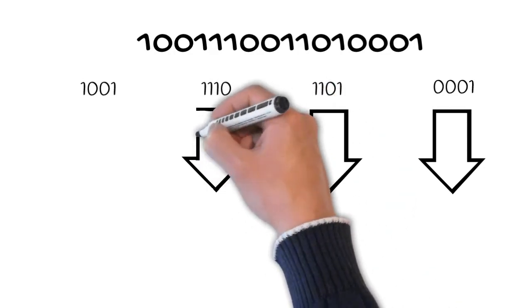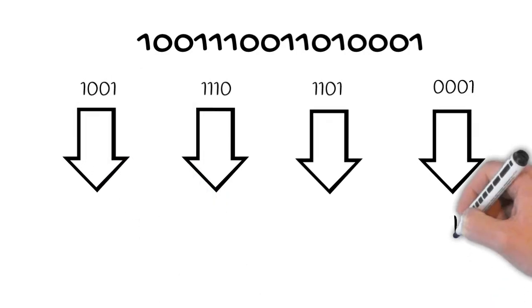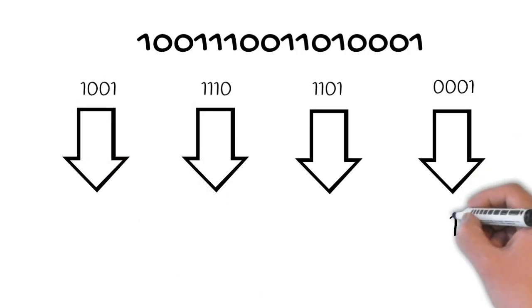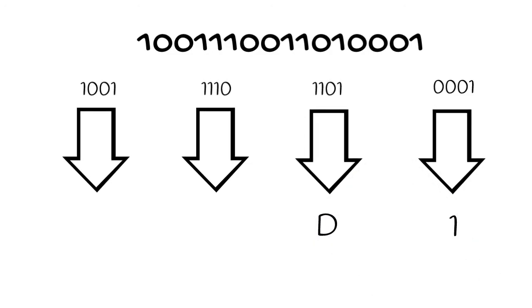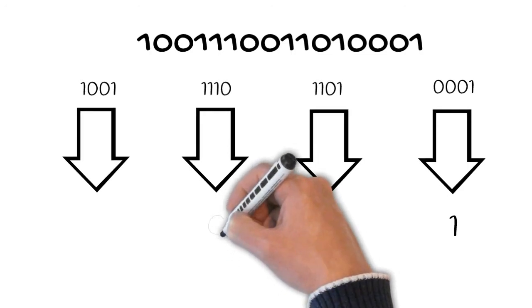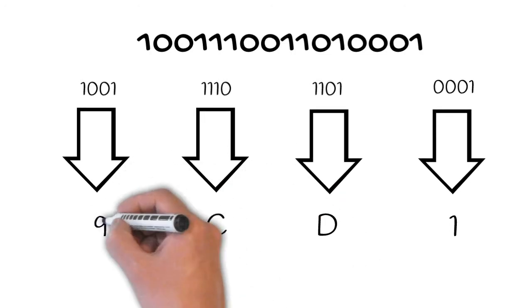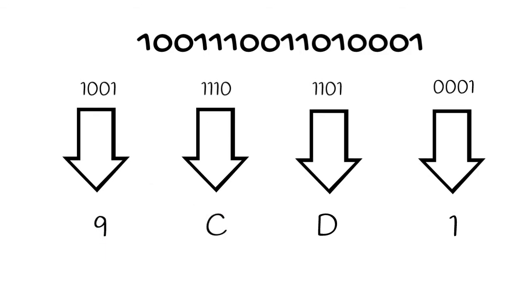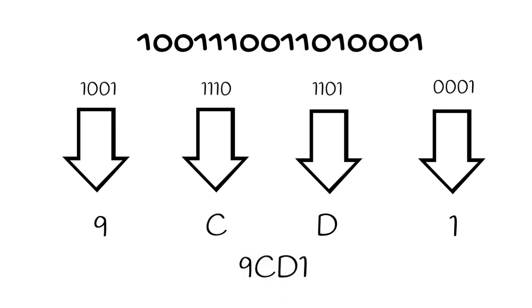So 0001 corresponds to 1 in decimal, which is the same in hex value. 1101 represents 13 in decimal, which corresponds to D in hex value. 1100 corresponds to C, and 1001 corresponds to 9 in hex value. So as you can see, a 16-bit binary number can be represented with 4 hexadecimal values.